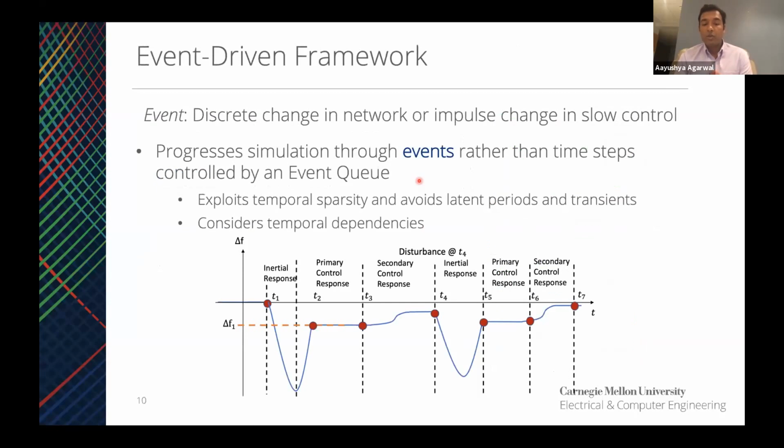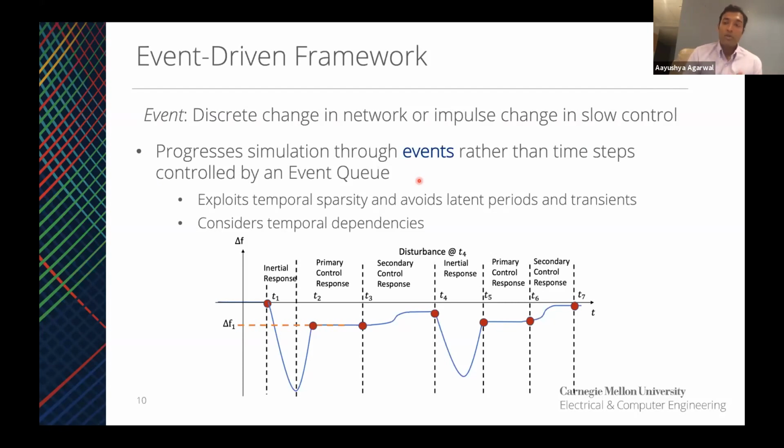Now that we have this quasi-steady state assumption, the question is, how do I progress through simulation time? Traditional transient analysis would use time steps, but we've instead defined an event. An event in our definition is anything that is an abrupt change in our quasi-steady state assumption. So any discrete change in our network or an impulse change in our slow control assumptions will be defined as an event.